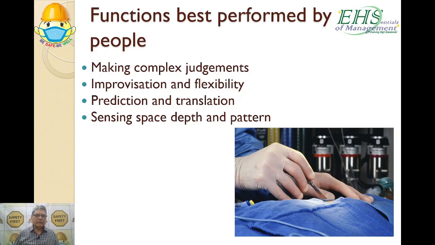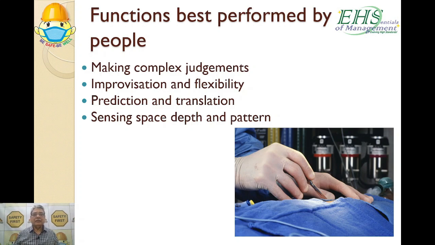Prediction and translation: we can predict what is going to happen, and we can translate whatever instructions are given into action. A machine may not be able to; if you give a new decision or instruction, the machine will not obey it.